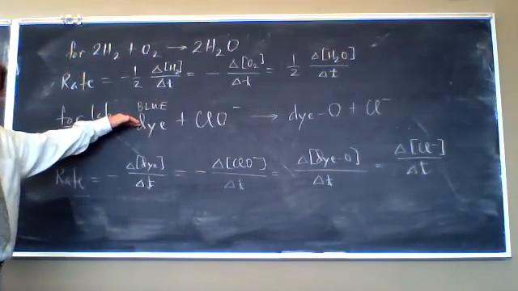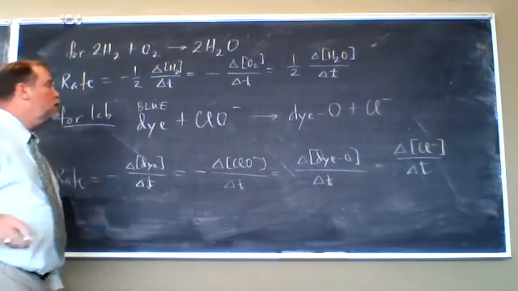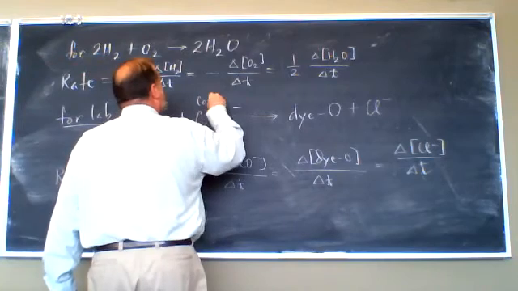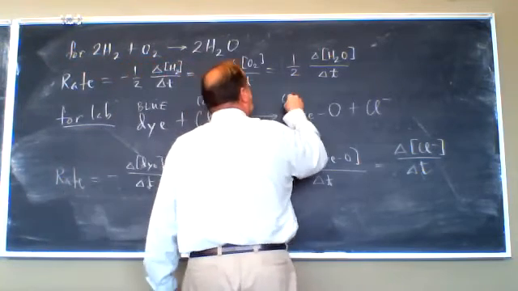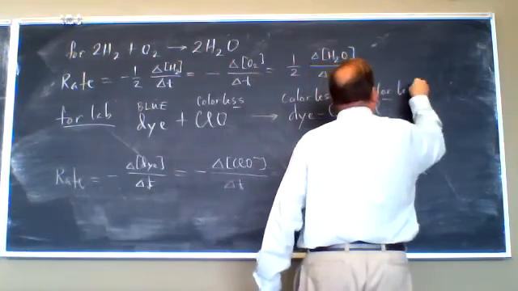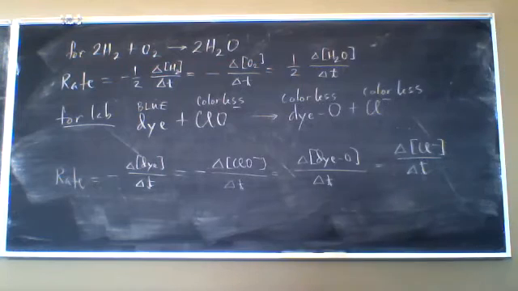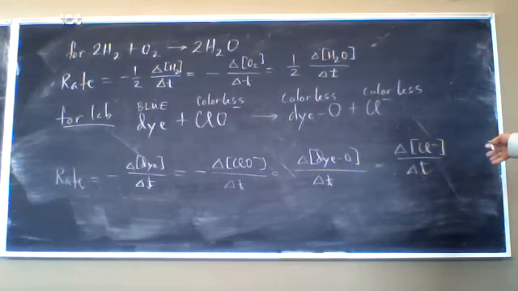The reason we choose the dye is because all of the other chemical species are colorless. And so the easiest metric to follow here is the metric that changes color. Since everything else is colorless, if we measure how long it takes for the dye to turn colorless, then we have the rate of this chemical reaction.